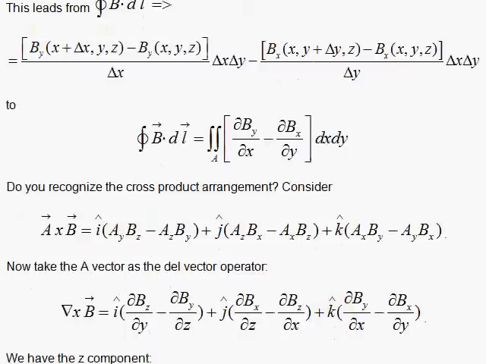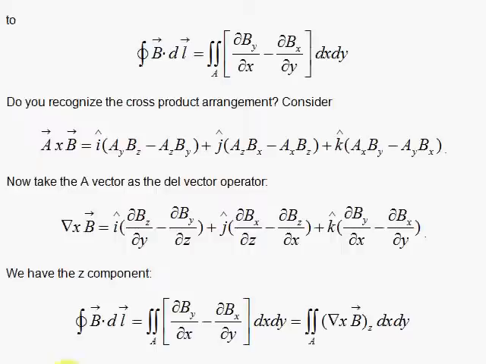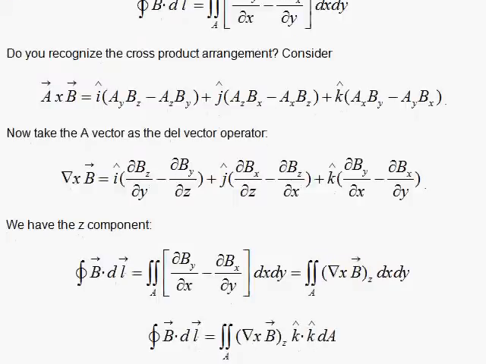So because of that, we can write this as dx dy with the z component of the cross product, and we can get the z component of the cross product by considering the differential area element with the k hat, and then this z component that goes with this k hat, we can then write this as just the vector del cross B, that vector dot with dA, and what will happen here, since dA is k dA, it'll get us the right z.